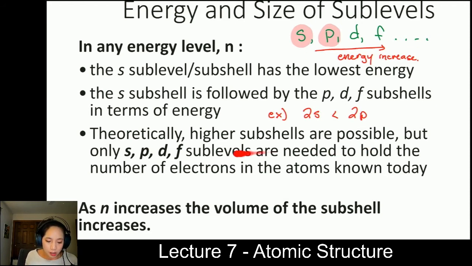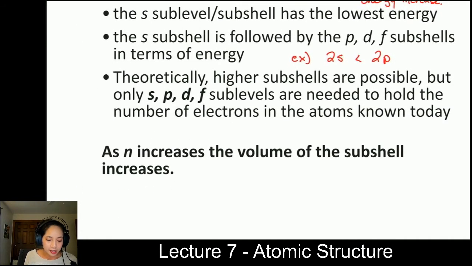They are possible, but really s, p, d, and f are the only sublevels that chemists need to worry about, because the s, p, d, and f sublevels can describe all of the electrons within all of the elements known to man right now.